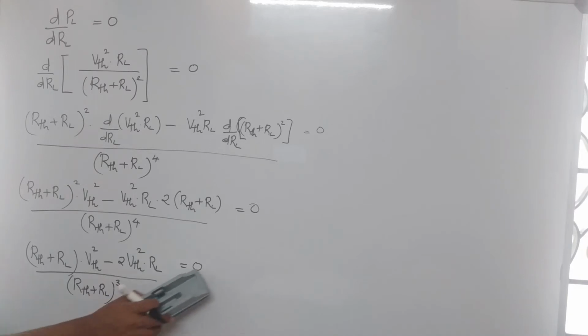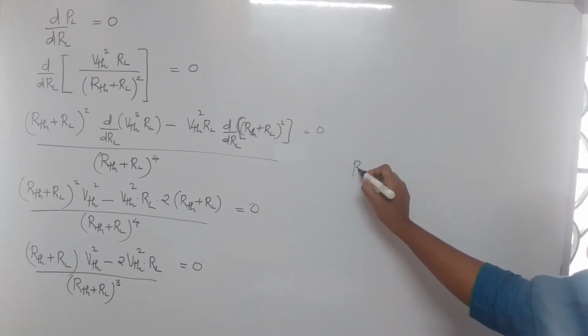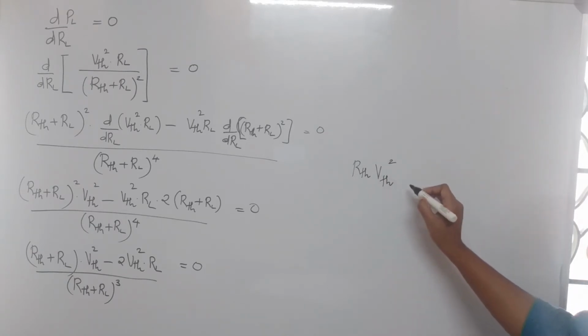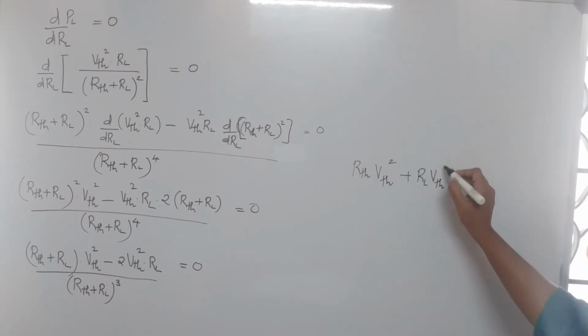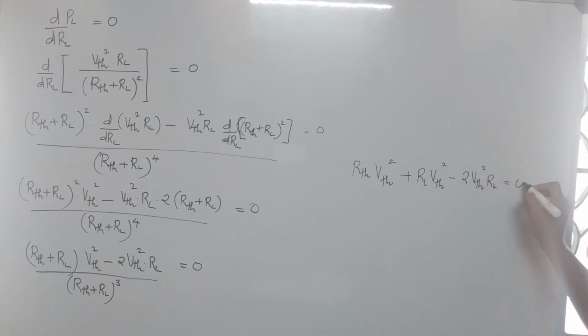Now this denominator I can take to the right side, so it will be 0 and we'll get, expanding the first term in the numerator, RTH into VTH squared plus RL into VTH squared minus 2 VTH squared RL equal to 0.